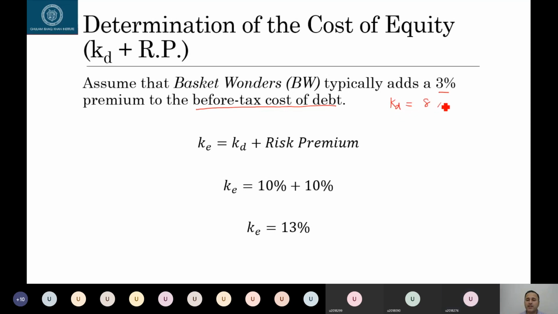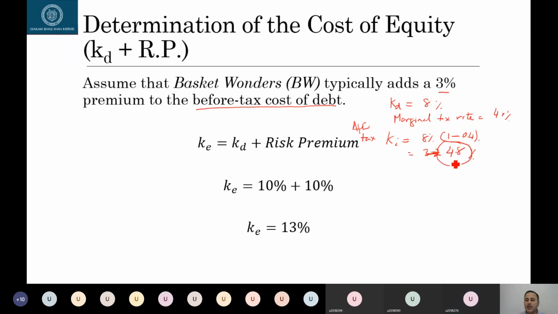Let's say it's 8%, and the marginal tax rate is 40%, then KI, the after tax cost of debt, is 8% times (1 minus 0.4). So in this case, it's 4.8%. So you have to work with the before tax cost of debt, not the after.